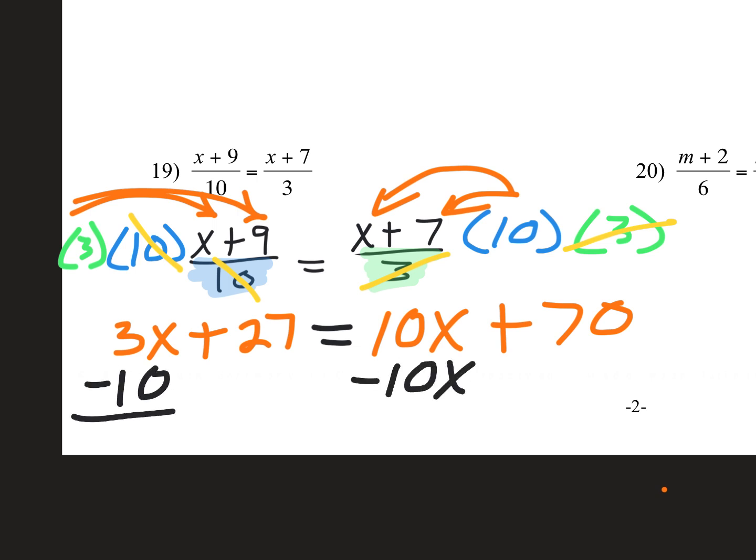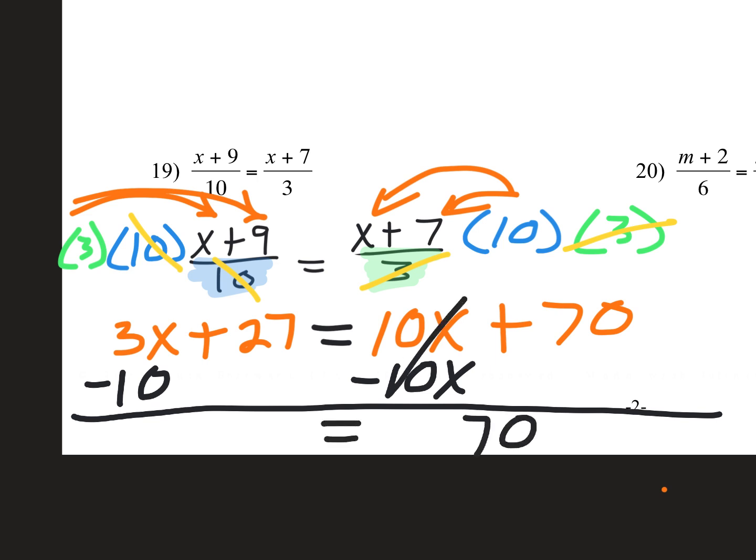This part I'm going to do quickly. We didn't even do notes over this part yesterday because we've been doing this for a hot minute. So I subtracted 10x from both sides. That left me with 70 over here. 3x minus 10x is negative 7x plus 27.